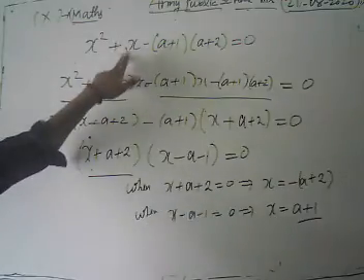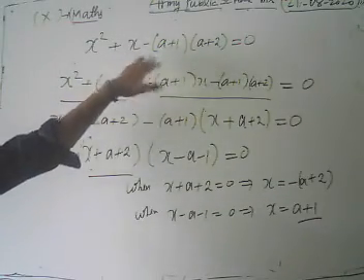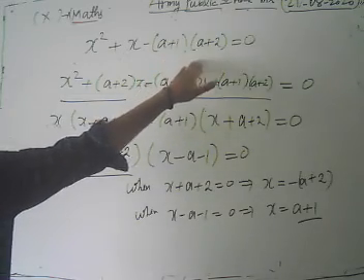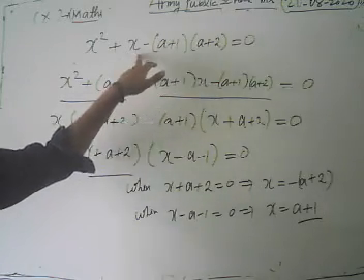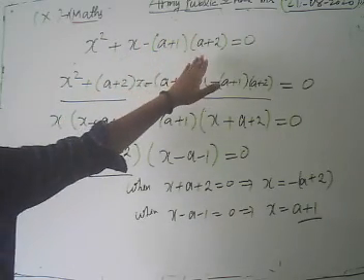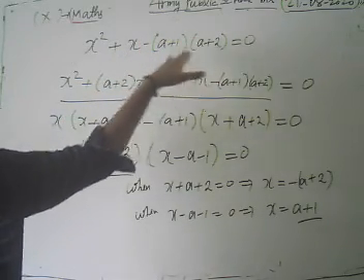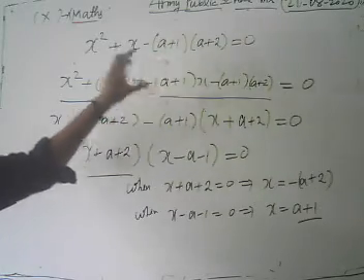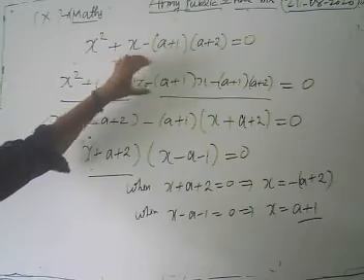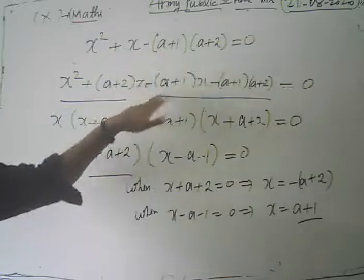Look, we started with our quadratic equation. We have to factorize x square plus x minus (a plus 1)(a plus 2). We take the factors of (a plus 1)(a plus 2) so that the difference is 1, obviously from the subtraction of a plus 2 minus a plus 1. We get 1 there. Then we write x square plus (a plus 2)x minus (a plus 1)x, whose difference gives only x.